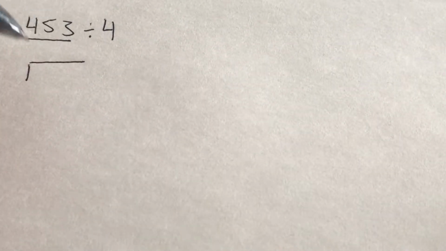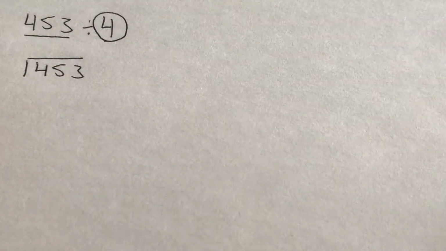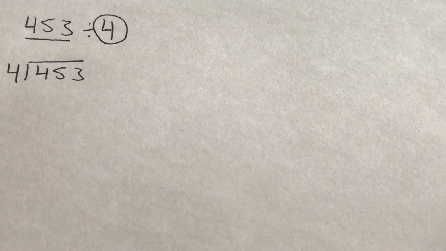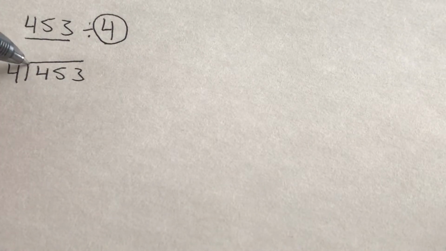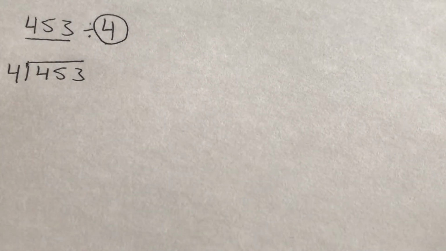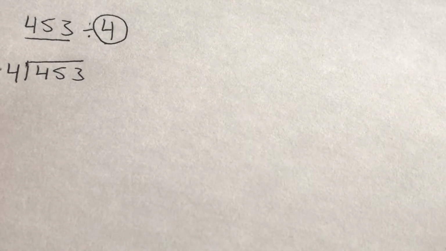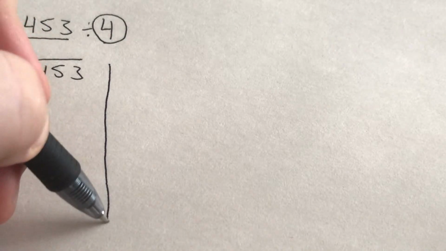So the first number is what goes inside the house, 453. Our second number, our divisor, is going to go outside the house. So dividend goes inside, divisor goes out. All right, just like with the 2 by 1. Okay, we're also going to have to go ahead and draw our workspace separator.